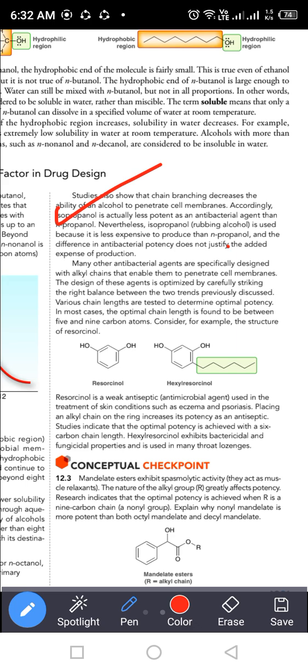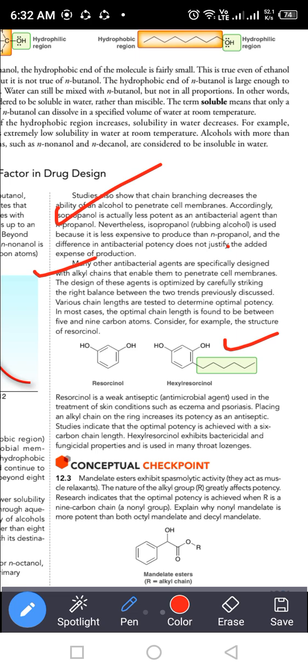The same effect is seen in the antibacterial activity discussed in the case of resorcinols. The antiseptic and antibacterial activity of resorcinol is less as compared to hexyl resorcinol. It means when the hydrophobic component is increased up to 6 carbon, its activity increases. So the hydrophobic effect must be considered, but only to a limited extent.